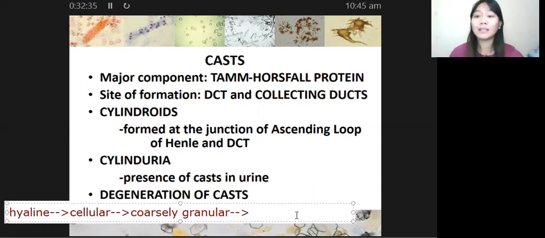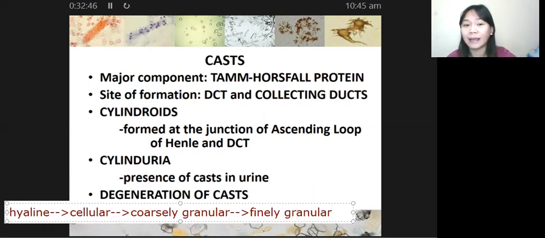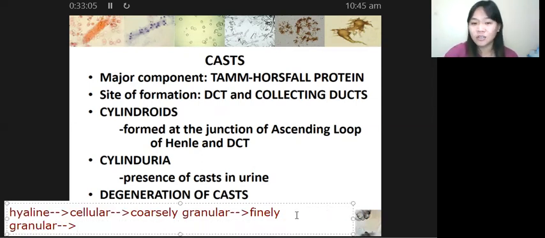So again, magdi-disintegrate further yung ating coarsely granular cast at magiging finely granular cast po siya. Okay, syempre, yung mga malalaking granules, they will undergo further disintegration, further degeneration, such that you are able now to form your finely granular casts. Okay, and kunwari talagang ayaw mag-detach.